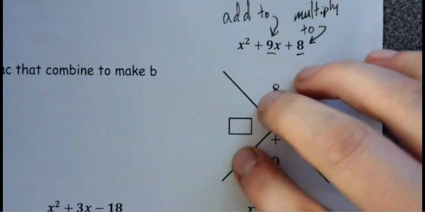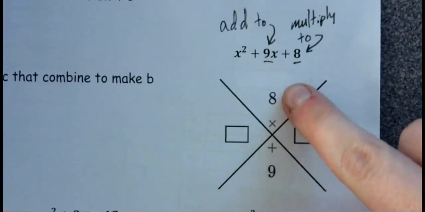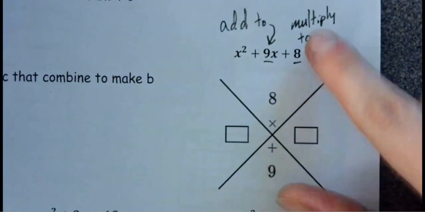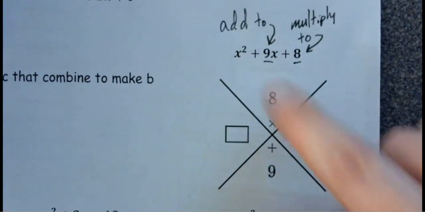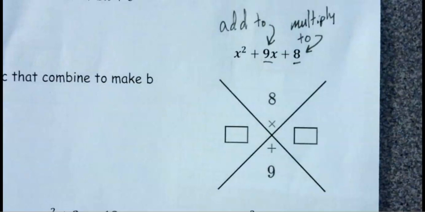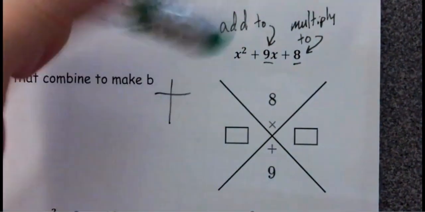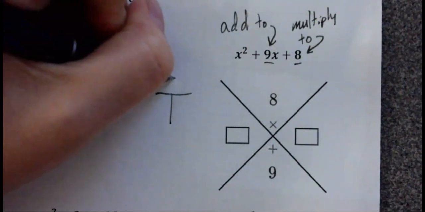There are a couple of sections on Delta that look just like this, where you have 8 and then a little multiplication symbol, and you have 9 with a little addition symbol, because you're trying to multiply to 8 and add to 9. You pick the two numbers that will multiply to 8 and add to 9. You've got to know the factors of 8.